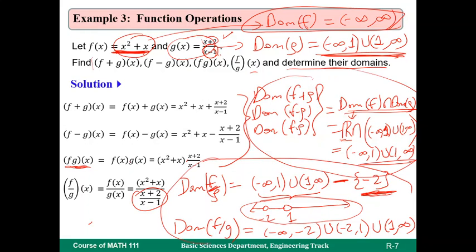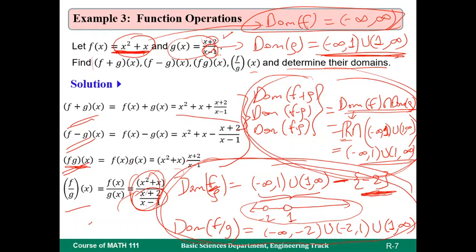So you don't need to do the job here. I mean, once you get the domain, you can do simplifications if you have some other things. But first, when finding the set of inputs for each function, you have to find the domains as it's given here. So these are the rules for domain.